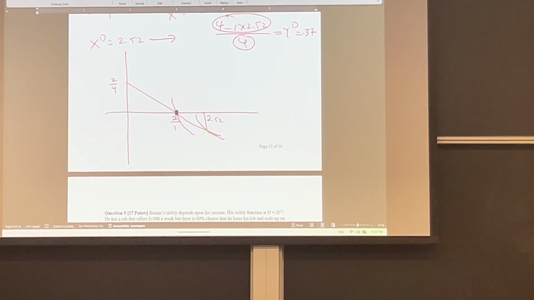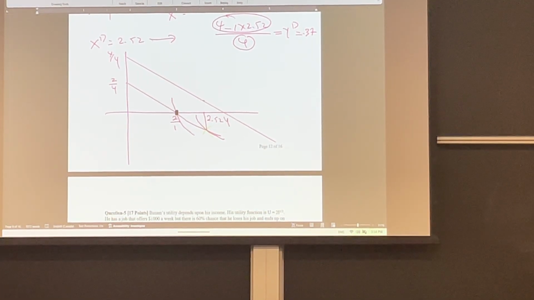Alright, so there was a tangency, just the wrong part of the budget line. Alright? This is her friend. She has $4. This is 4 divided by 4. This is 4.